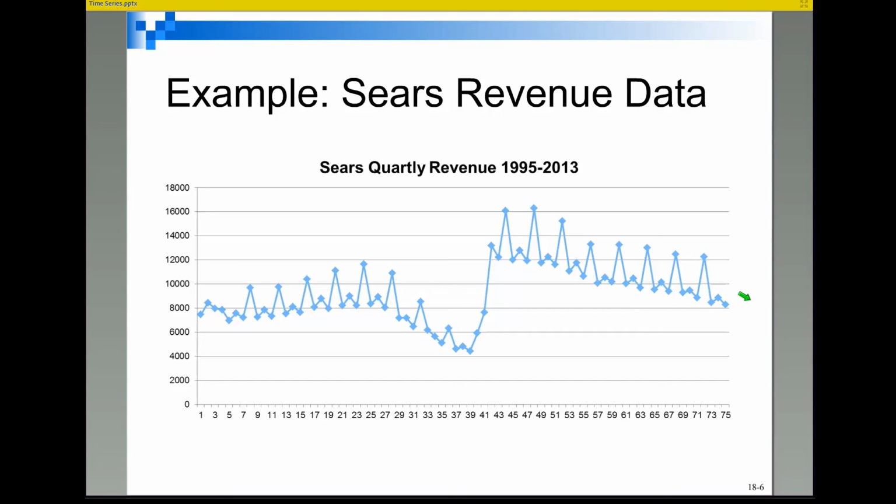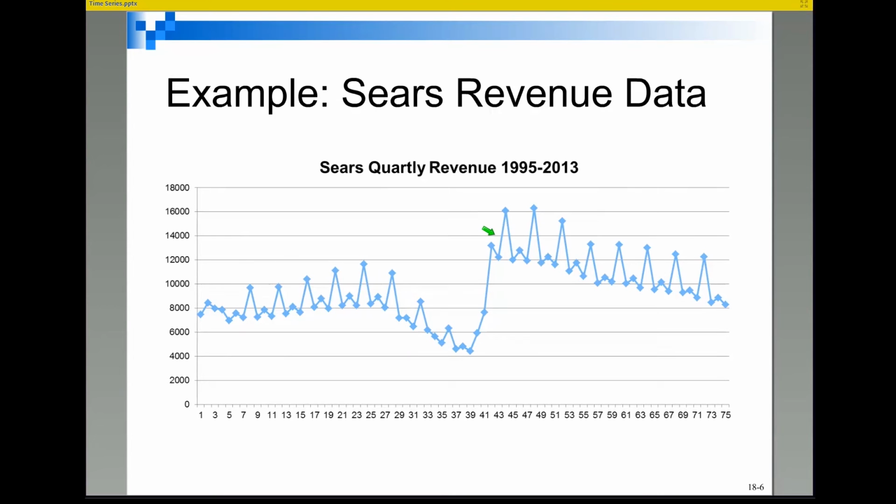There are several things we can see immediately. Number one, we do want to see the secular trend, that is the overall trend of Sears sales. We don't see a very clear pattern of going up all throughout the years, but we do see that in the early years and in the later years, we actually observe a downward sloping trend.